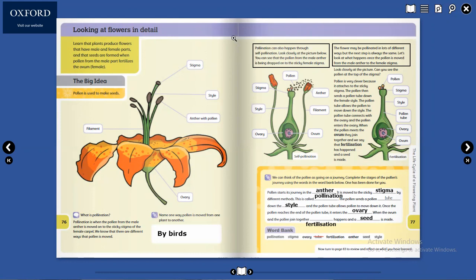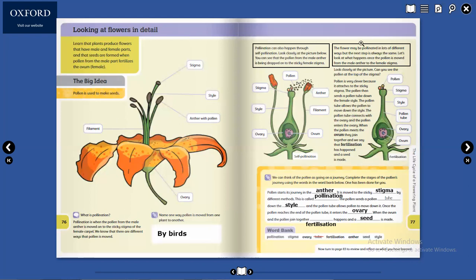You can see that the pollen from the male anther, not another, this is anther, is being dropped onto the sticky female stigma.